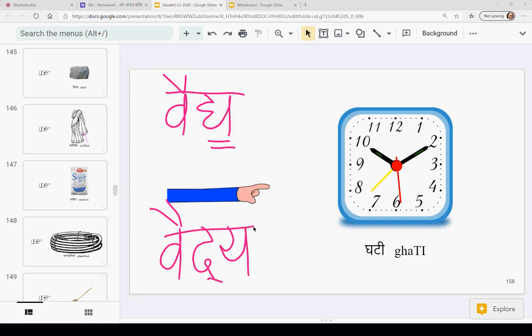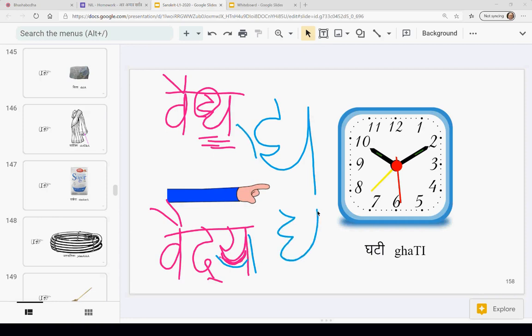What you can think of is that there is a portion here, and this ya starts from the bottom here. When it's typed, it looks a little bit different. Okay, understood. Thank you.